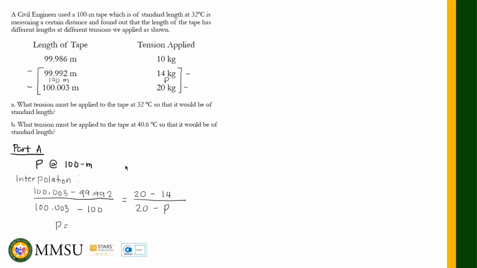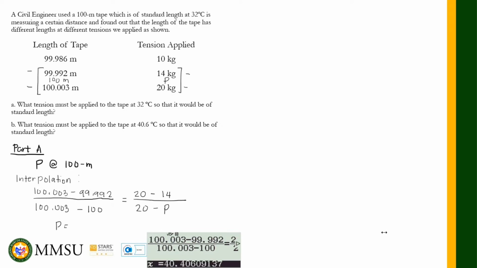So you can use your calculator now. It's simple algebra, so I will use shift solve. Entering 100.003 minus 99.992 over 100.003 minus 100 equals, alpha equals, then 20 minus 14 over 20 minus, since I have no variable p, I will use x.